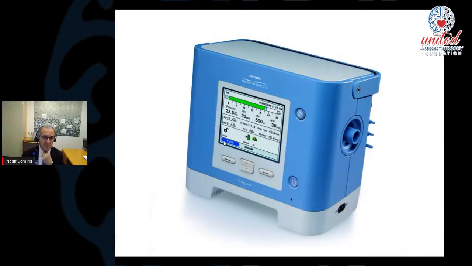But in some conditions, if we are not relying on patients triggering a breath, we still set breaths during the ventilation. So even though the title of the talk was Respirators, this is the only slide that I'm going to show you related to respirators. But if you have any questions, I'm more than happy to answer them.